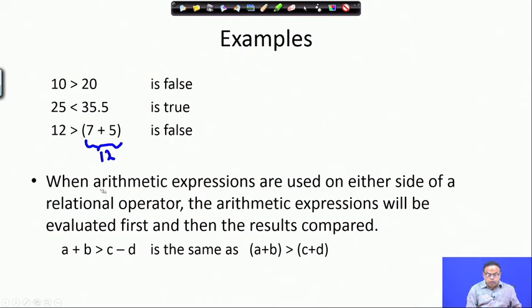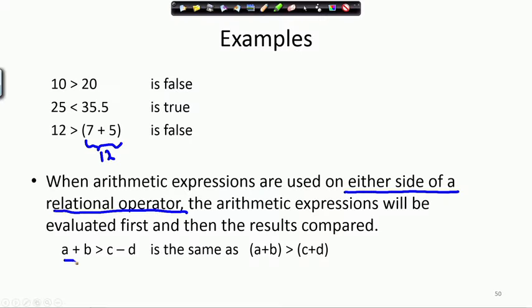Okay. So, when arithmetic expressions are used on either side of a relational operator, the arithmetic expressions will be evaluated first, in accordance with the precedence that we have already defined.